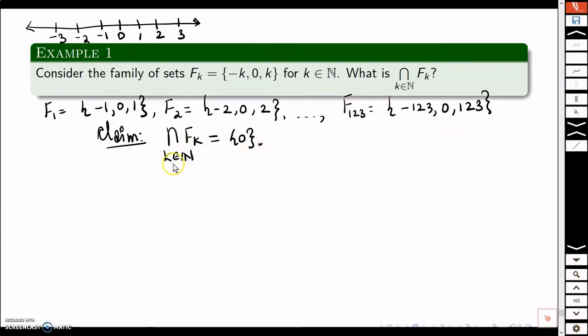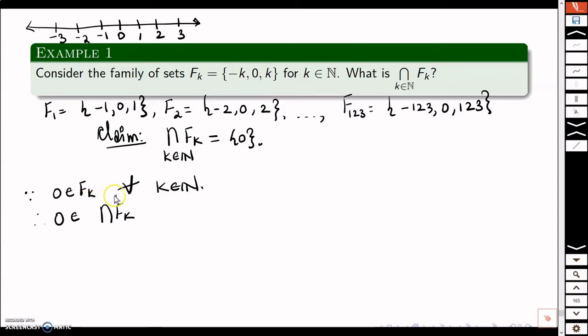So we will prove that these two sets are subsets of each other. By the definition of fk, it is quite clear that 0 is coming in each fk for each k in N, right? So since 0 belongs to fk for all natural numbers k, therefore 0 is there in the intersection of all of them.